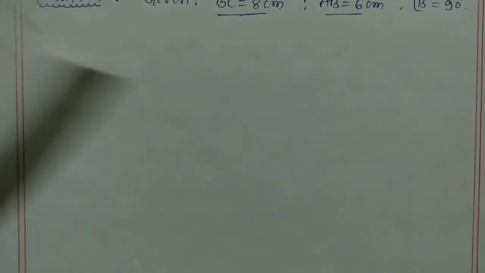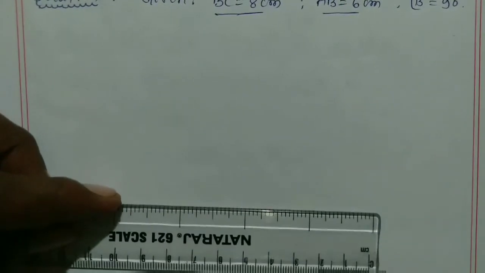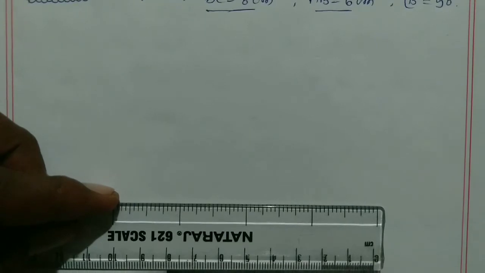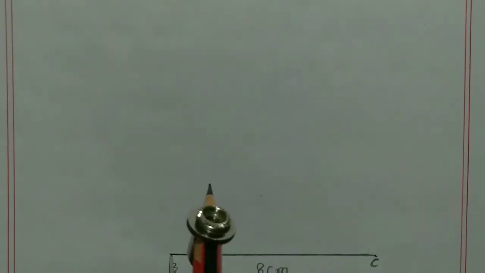So here with the help of a ruler you can draw an 8 centimeter line segment, and you can call this BC. Next from this vertex B you can construct 90 degree.